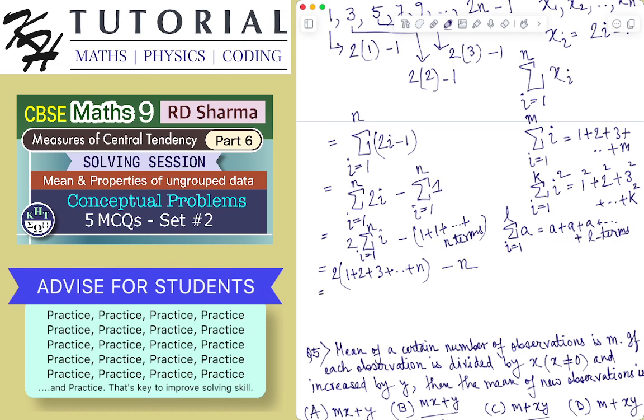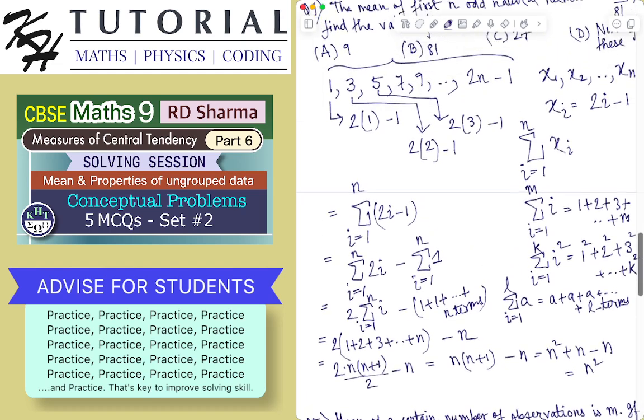Now 1 plus 2 plus 3 up to n is the sum of first n natural numbers, which we know is n into n plus 1 divided by 2. After simplifying, this becomes n into n plus 1 minus n. This is n square plus n minus n, which is equal to n square.